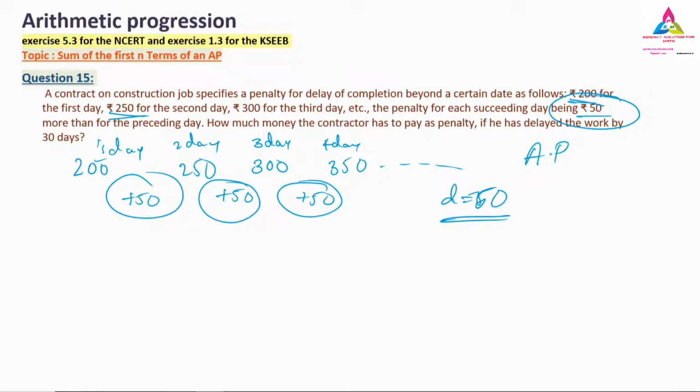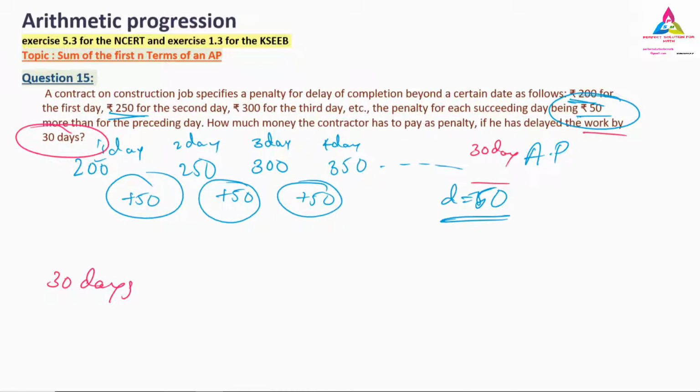See, if you continue reading, how much money the contractor has to pay as penalty if he delayed the work by how many days? 30 days. So he has to pay money for 30 days. First day 200, 250, 300, 350, and so on till the 30th day.